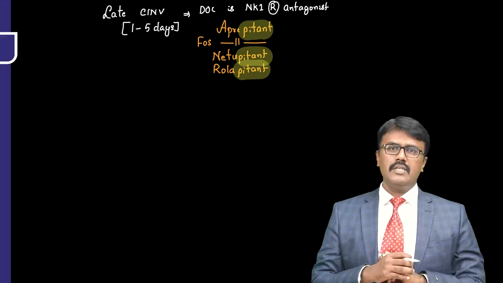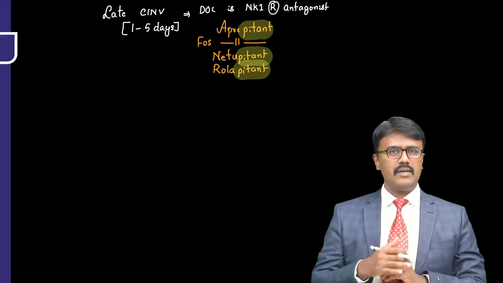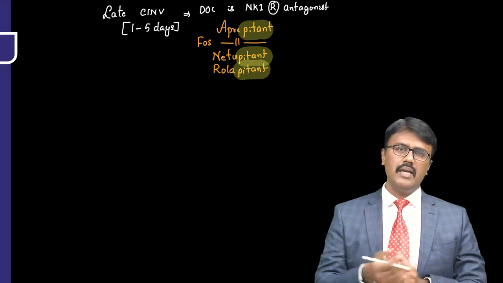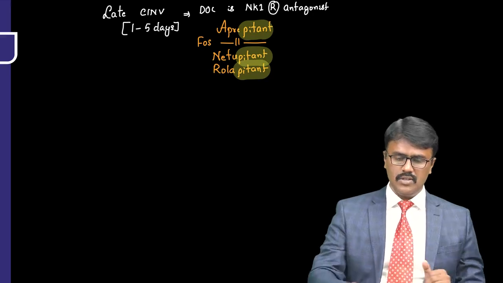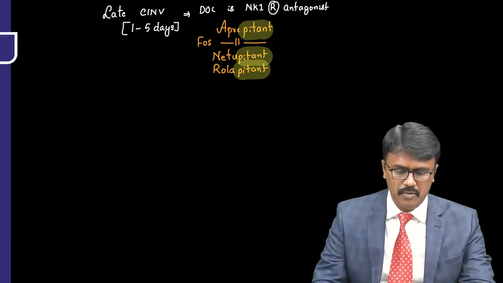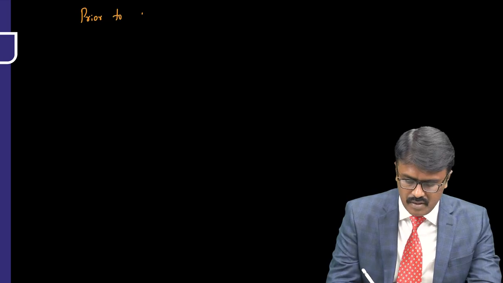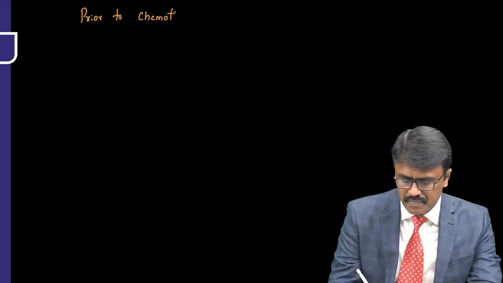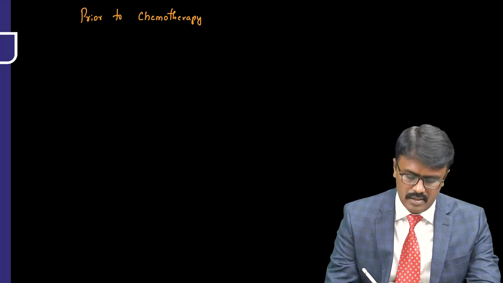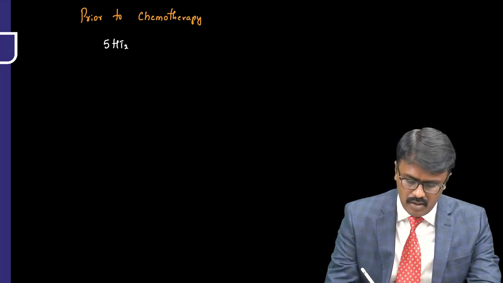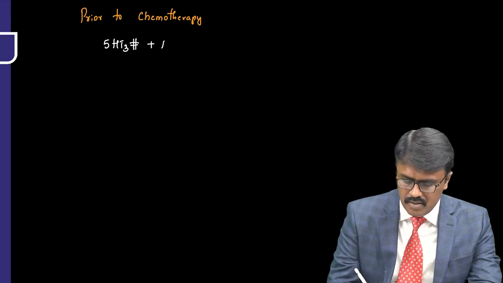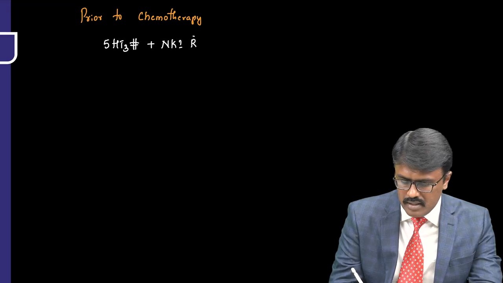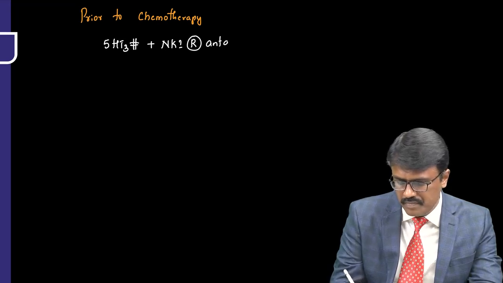So nowadays, when you are starting a cancer therapy, what the oncologist will do before starting cancer therapy is start the antiemetics. So prior to chemotherapy, to avoid vomiting, we start antiemetic drugs. The combination is like this. We add a 5-HT3 blocker plus neurokinin 1 receptor antagonist, and we add steroids also.